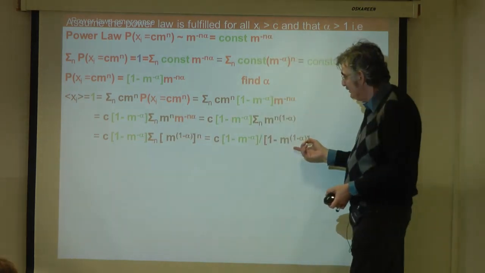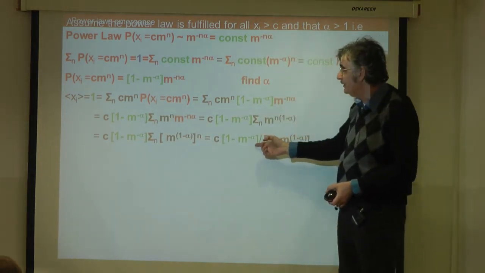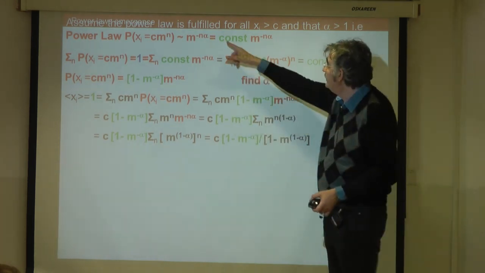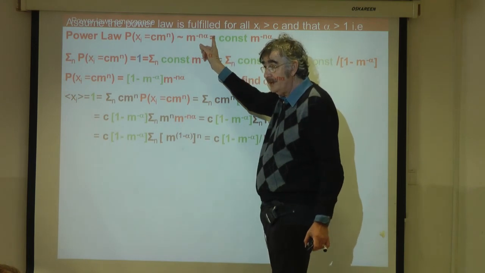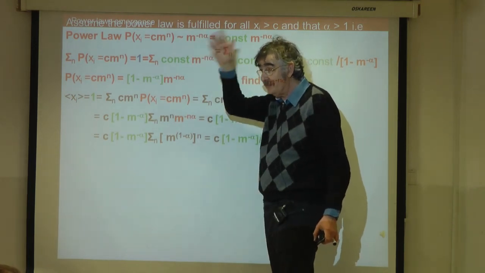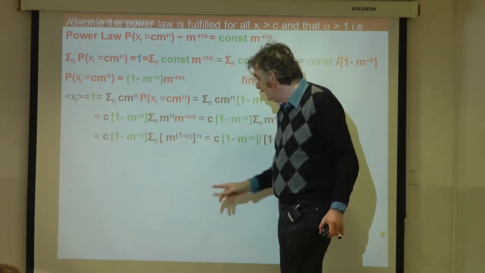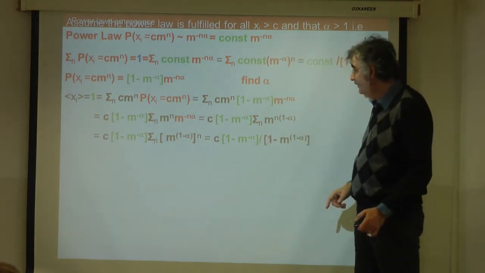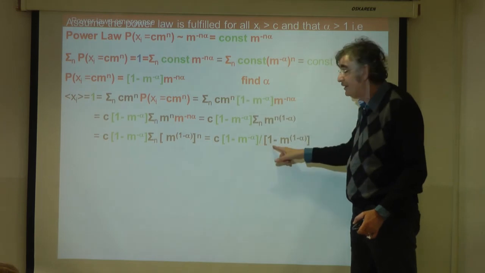And all of a sudden, you see, it's a very simple thing. 1 is equal to all this, which means that m to the alpha, which was problematic here because I didn't know what alpha is, and therefore I don't know what m to the alpha is, I can now essentially get m to the alpha from this equation that 1 is equal to that.